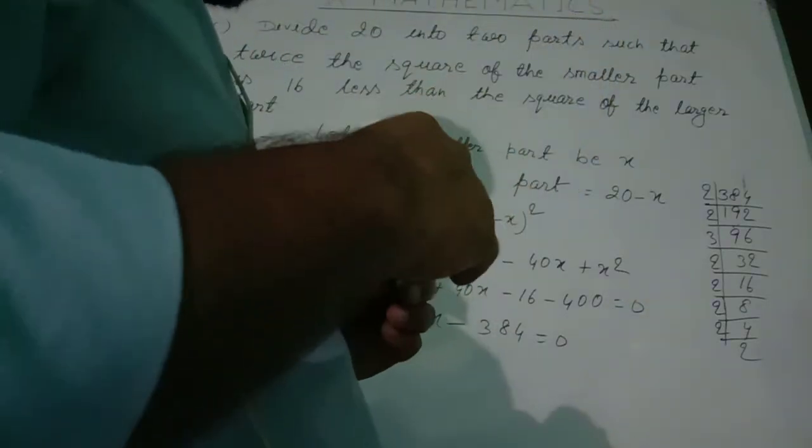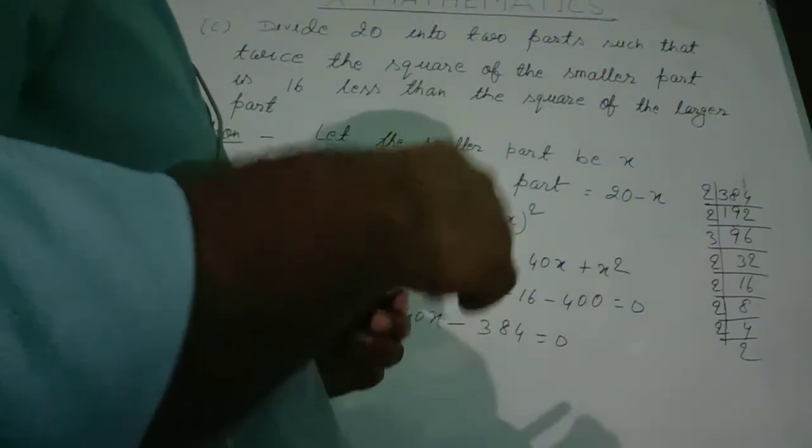Now we find the prime factors. 2 ones are 2, 2 nines are 18, 2 sixteens, by 2 8, by 2 4, by 2 2. From here we will prepare the group of numbers.